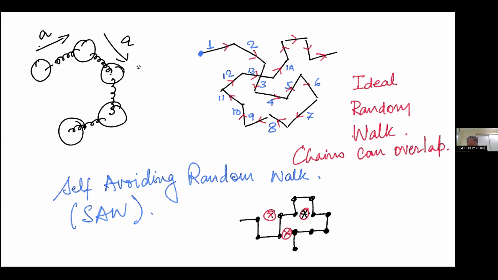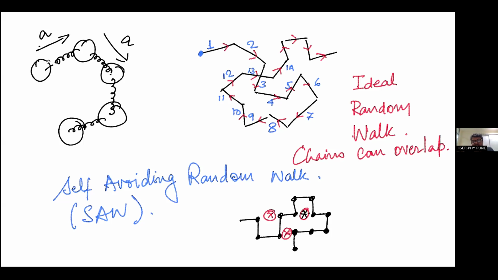are vectors. If this was a completely flexible polymer, and even if it's not, then on large length scales you can approximate it by a flexible polymer beyond a certain length scale called the Kuhn length, which I won't get into.